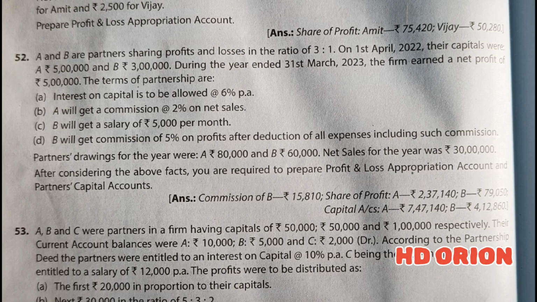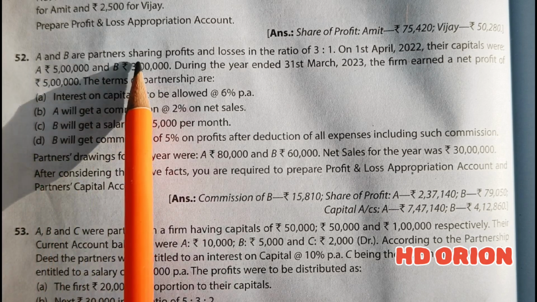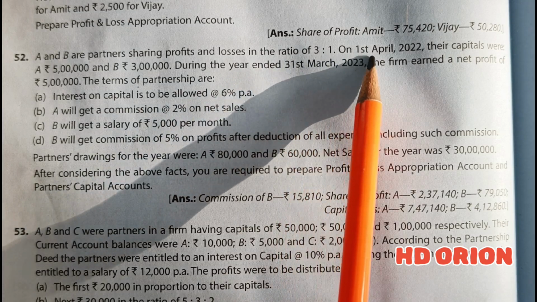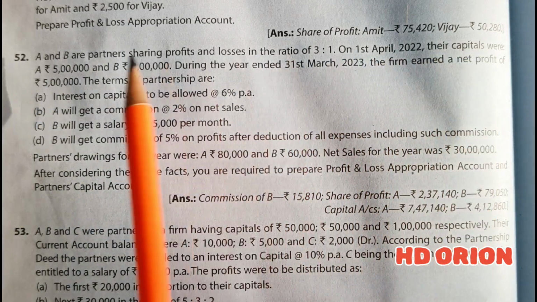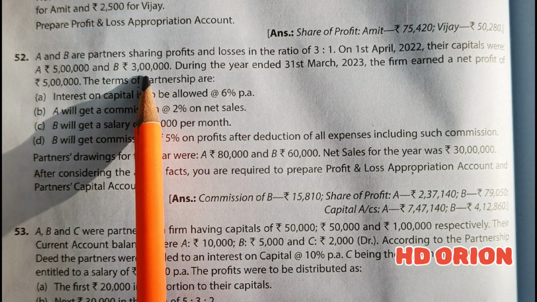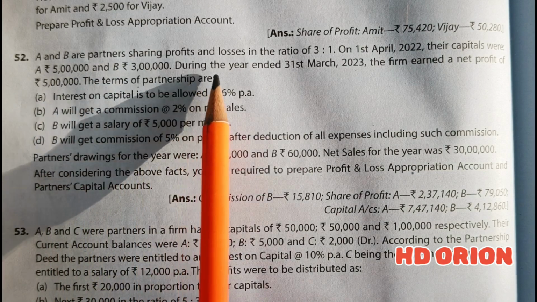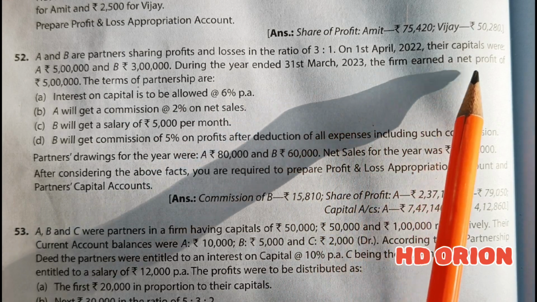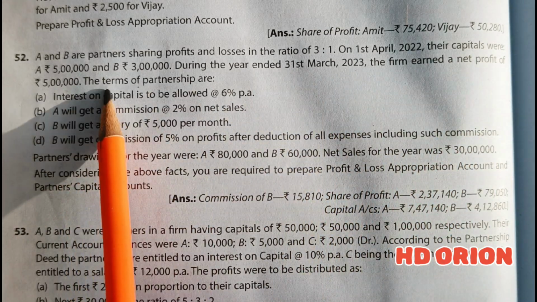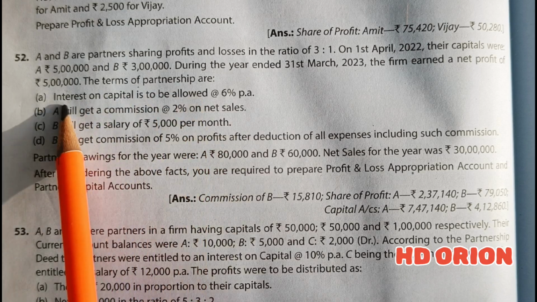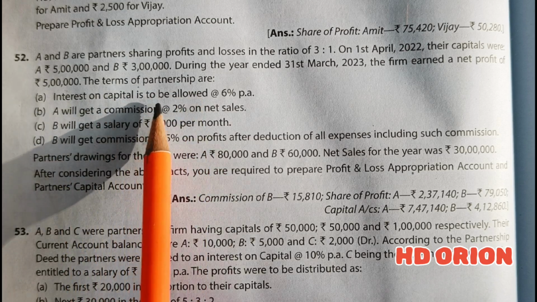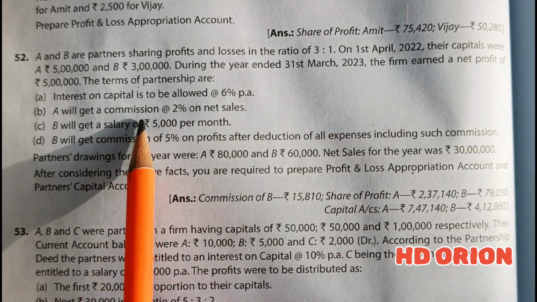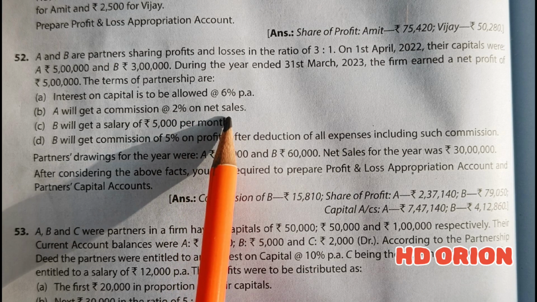Now question number 52. A and B are partners sharing profits and losses in the ratio of 3:1. On 1st April 2022, their capitals were rupees 5 lakh and rupees 3 lakh respectively. During the year ended 31st March 2023, the firm earned a net profit of rupees 5 lakh. The terms of partnership are: interest on capital is to be allowed at the rate of 6% per annum. A will get a commission at the rate of 2% on net sales.